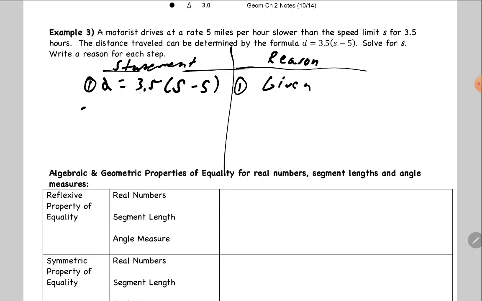I'm going to divide both sides by 3.5. So my second statement will be d over 3.5 equals S minus 5. So that was through division property.